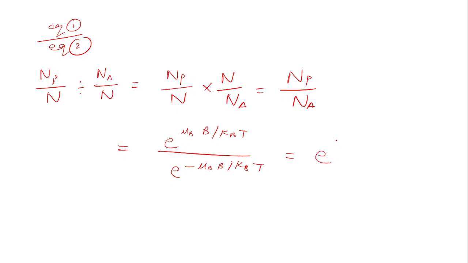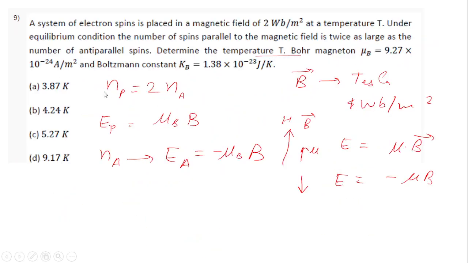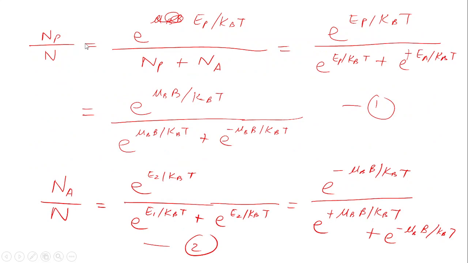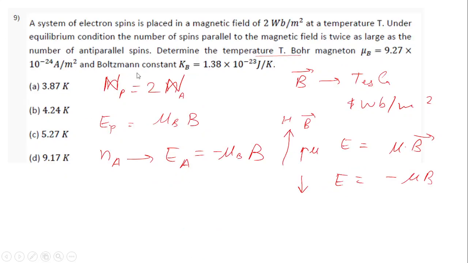When we take this to the numerator it becomes plus, so it will be e to the power 2μB by kBT. Sorry, I changed small to capital, but it's the same thing. It's already given that the number of magnetic moments parallel is double the number anti-parallel.